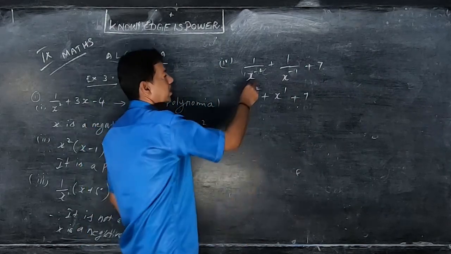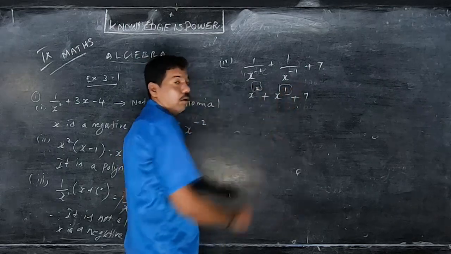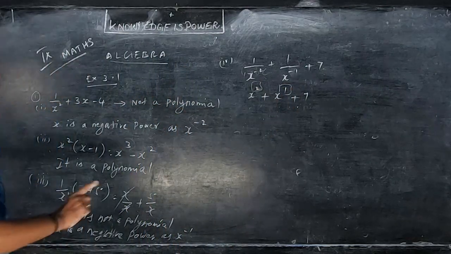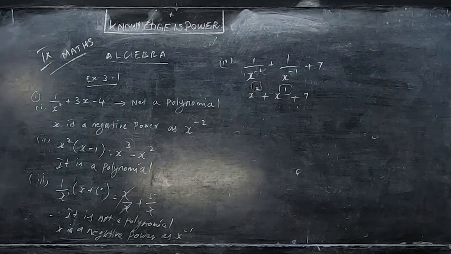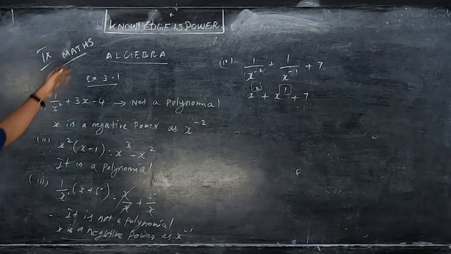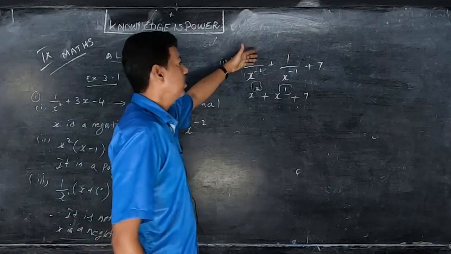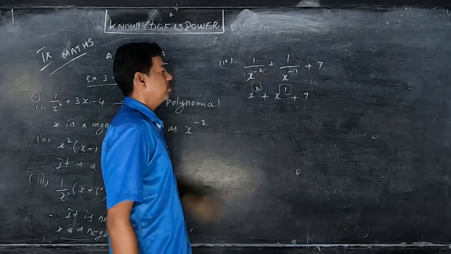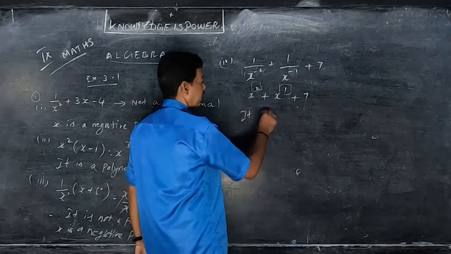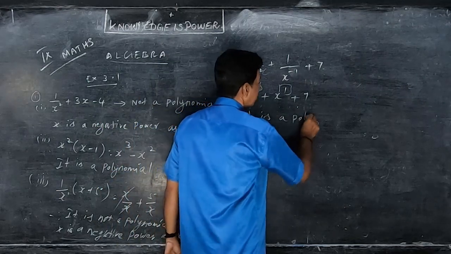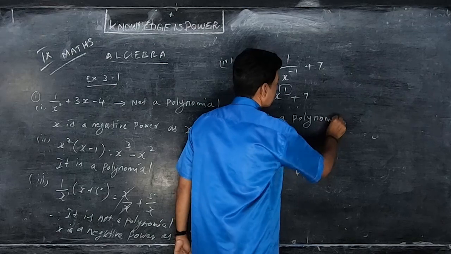Okay, see the power now. All of them are whole powers. There is no negative power. Already it is a negative power in the denominator, so when you go to the numerator, it will be a positive power. It is a polynomial.